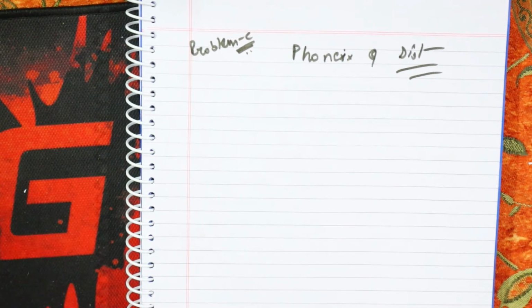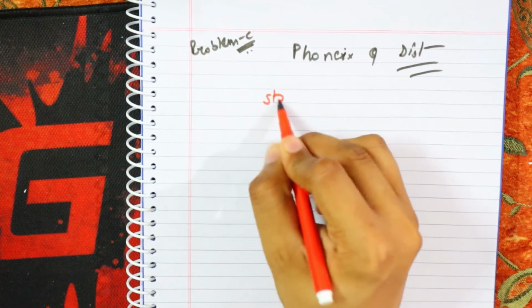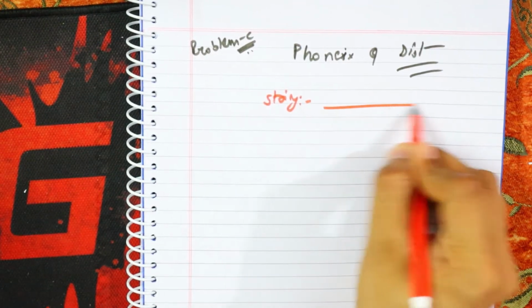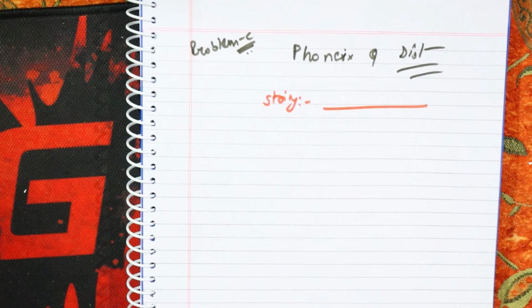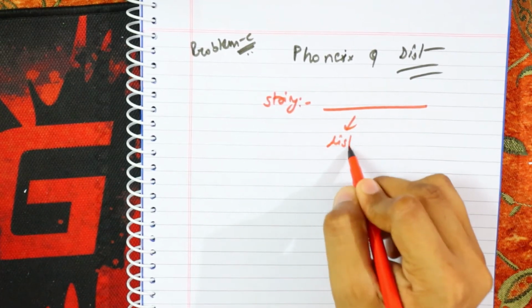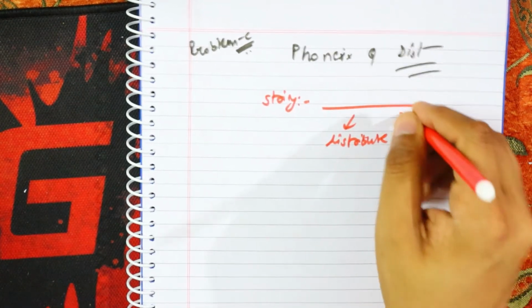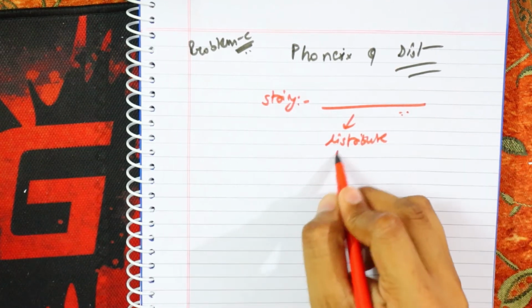So first of all, Phoenix has a string S which consists of lowercase Latin letters. He wants to distribute all the letters of his string into k non-empty strings.